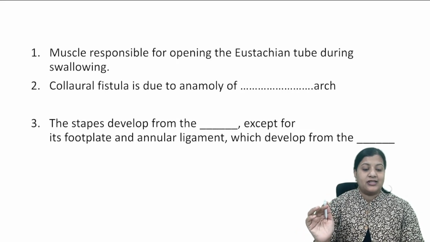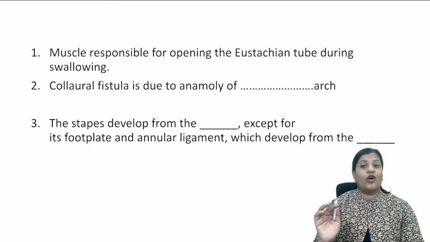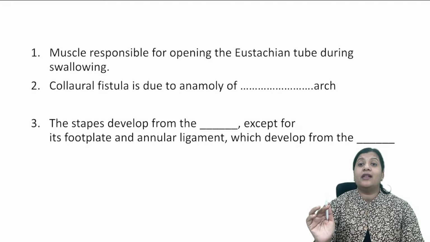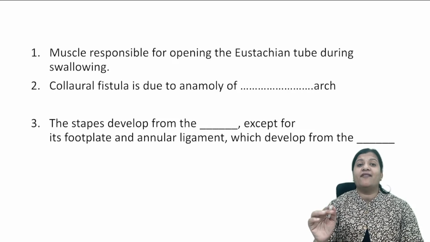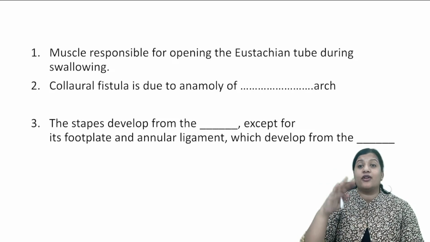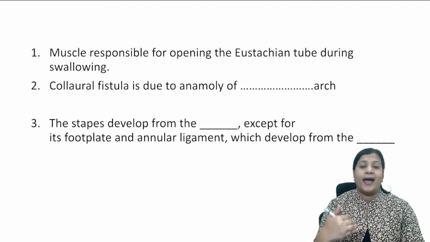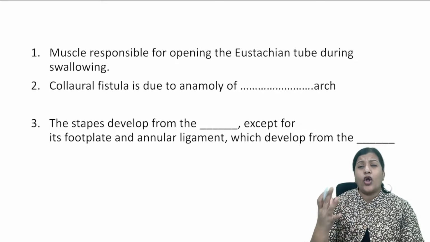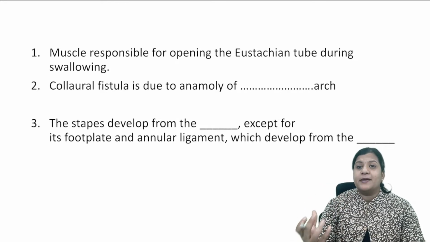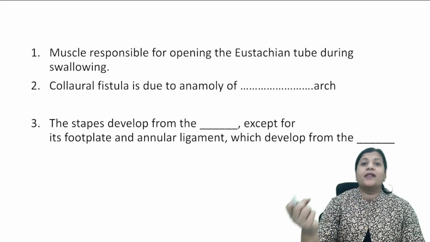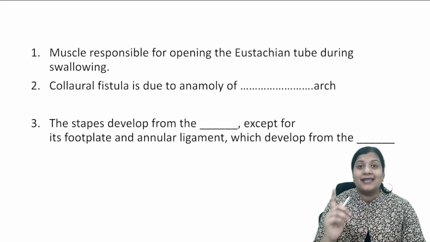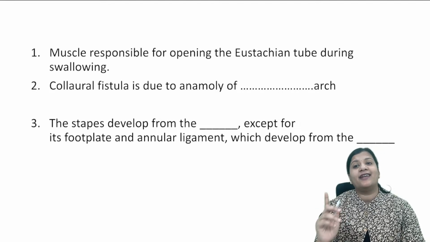It's not tensor tympani. For opening the eustachian tube, see, whenever our ear is blocked, when we are on a flight, what do we do? We swallow, we yawn. Why? Because our palatal muscles get active. Which palatal muscles open the eustachian tube? Tensor veli palatini and levator veli palatini.